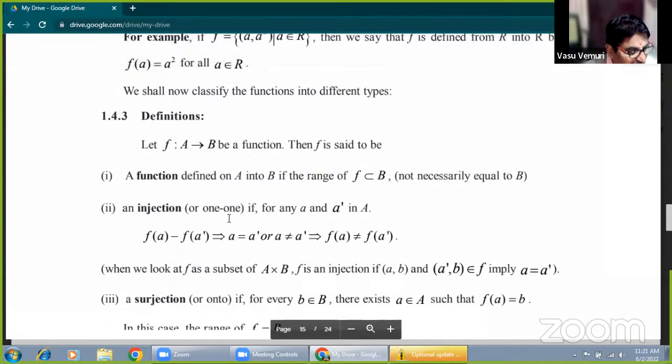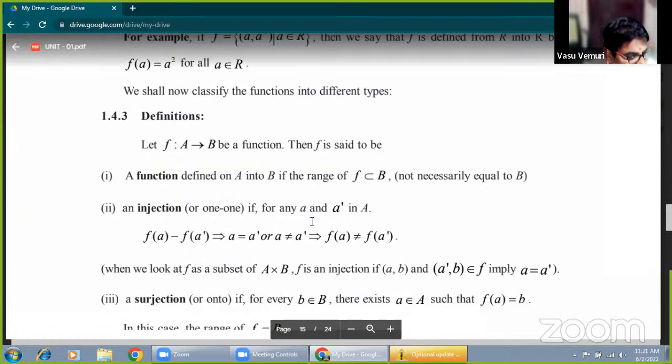What is the injection? Injection means one-one function. Please note down. Injection means one-one function: different elements and different images. Now, a is one of the elements, and the other element is a dash, both in A. So F of a equals F of a dash implies a equals a dash.